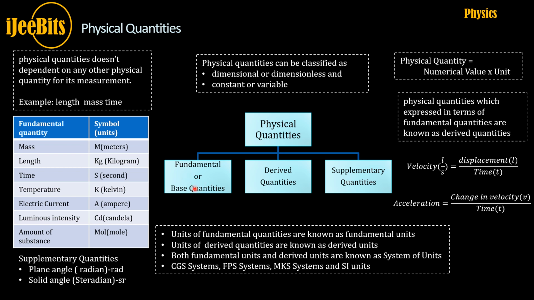Just now we looked at fundamental quantities: physical quantities that do not depend on any other physical quantity for their measurement are known as fundamental physical quantities. Derived quantities are physical quantities expressed in terms of fundamental quantities, such as length, mass, time, etc. There is one more classification, supplementary quantities.